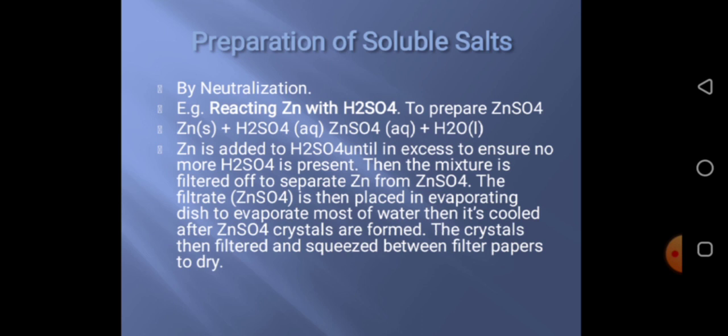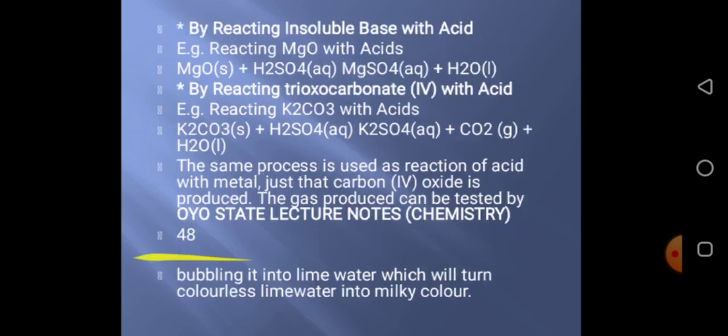A neutralization reaction is easy to separate since it forms salt and water. So we can evaporate the water by heating. As we heat the solution, the water will escape and give us a clear solution of zinc sulfate.